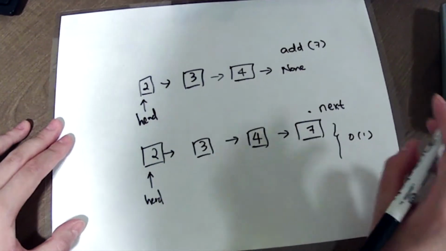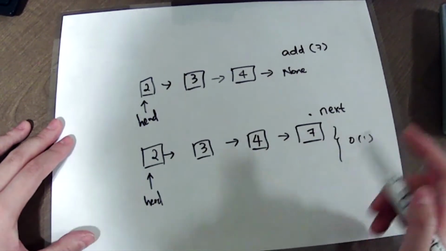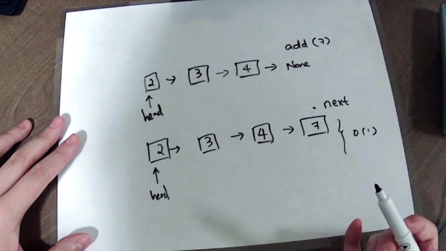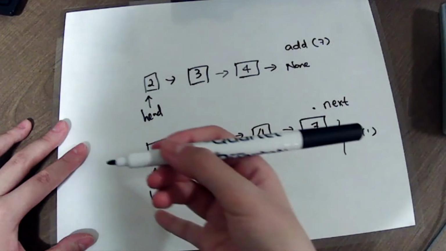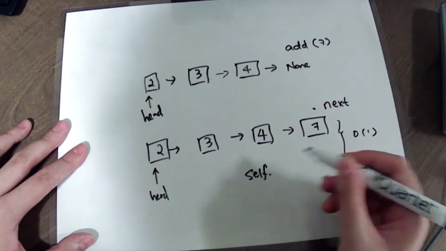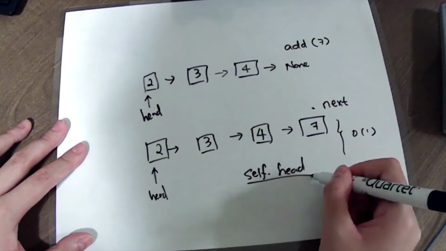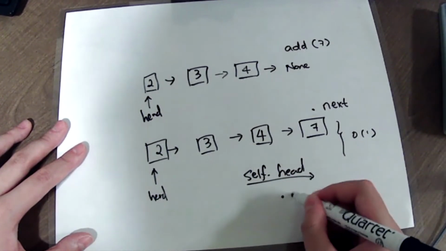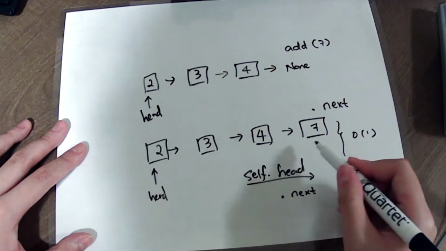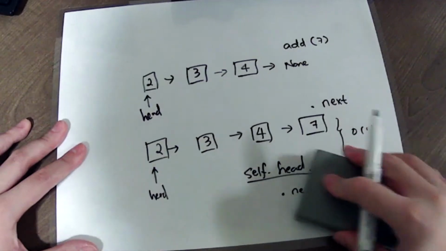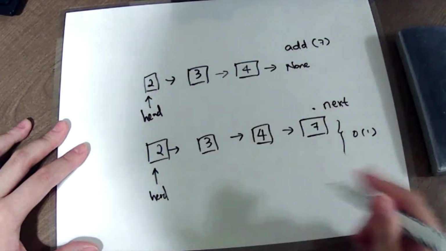I actually don't think so, because we don't have a tail right now. What we can access is just self.head. From self.head, we have to do .next every time to go and access till the end. So how do we do that in code? I'll briefly show you.